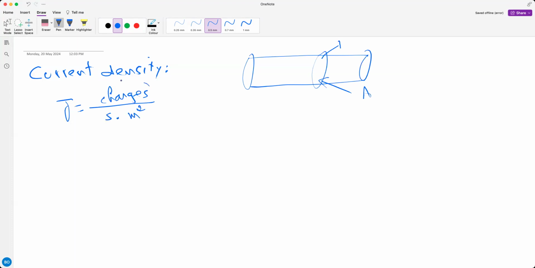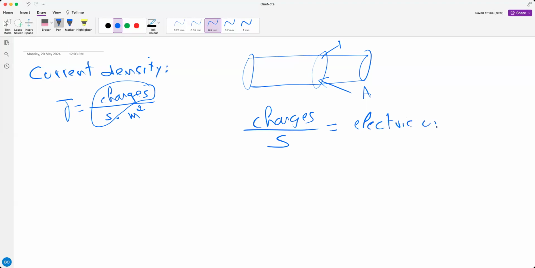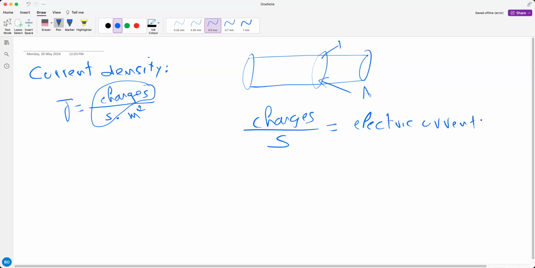And what do we call the number of charges per time? It's current, exactly, electrical current. Yeah, so that's very good. So J will be the number of charges per second per square meter.